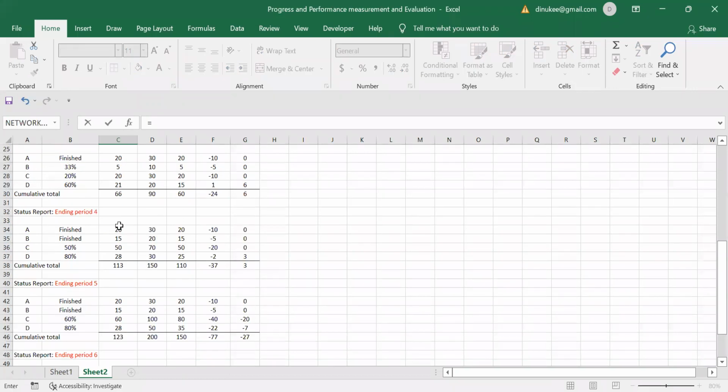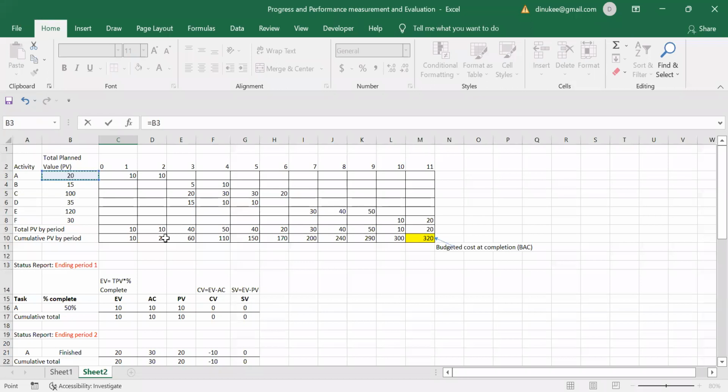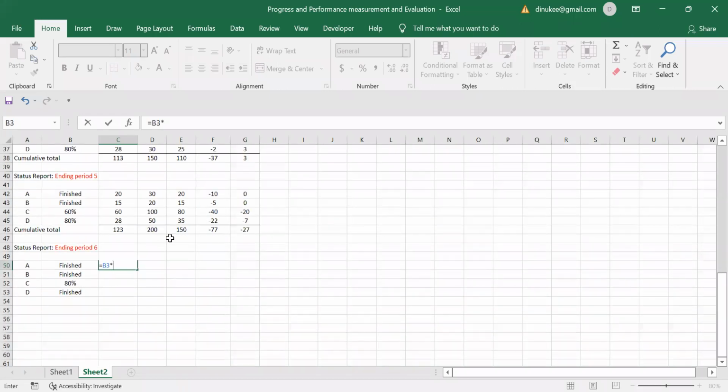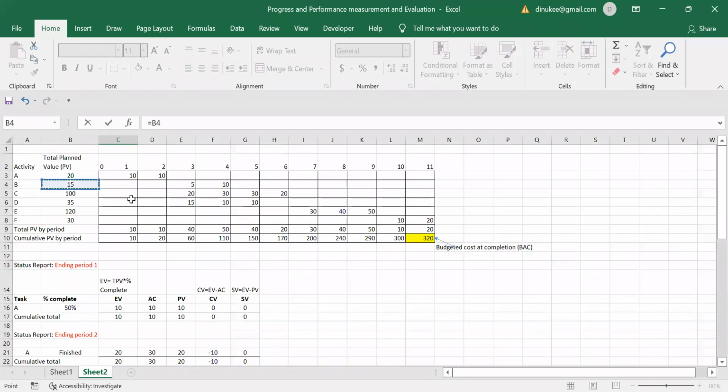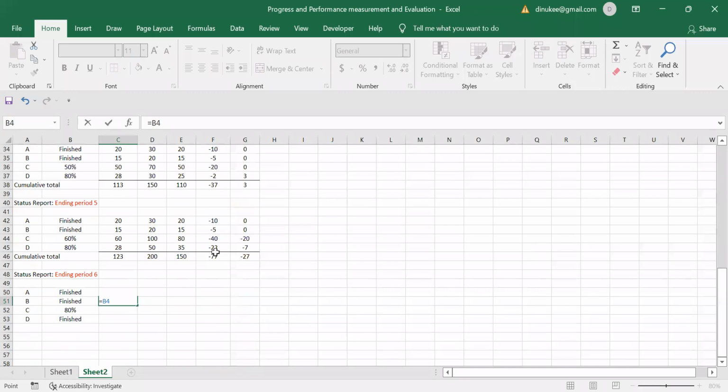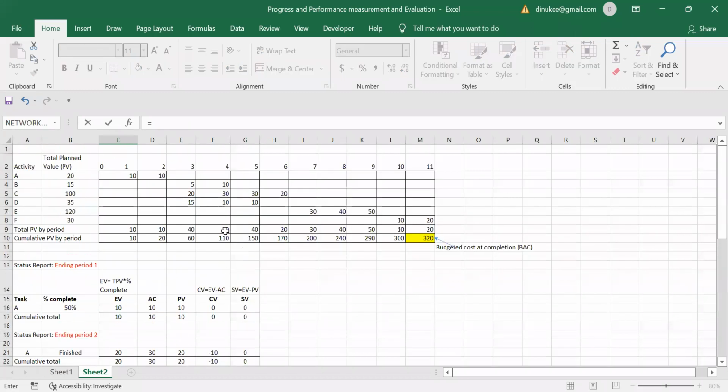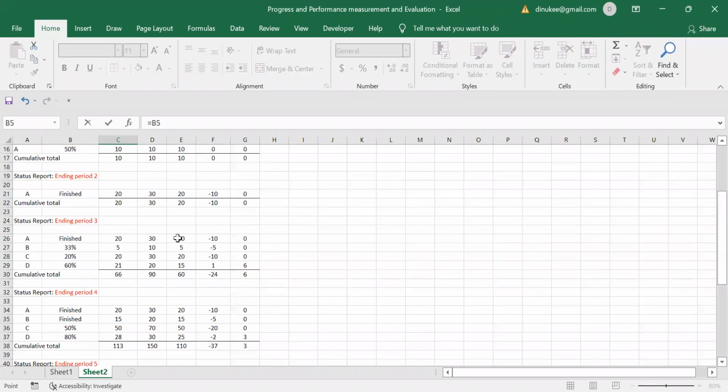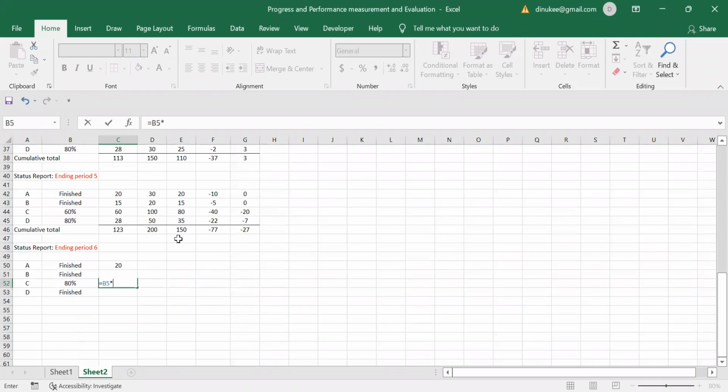So you have to take the total plan value. From that total plan value, it is 100% completed. For the D activity also, it is 100% completed. For the C activity, it is 80% completed, right? Still the C activity is 80% completed.